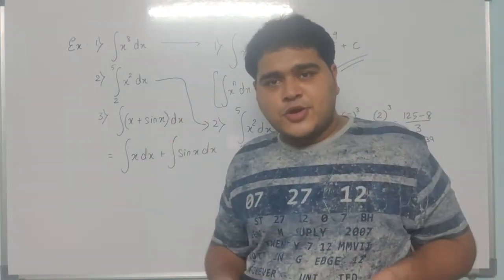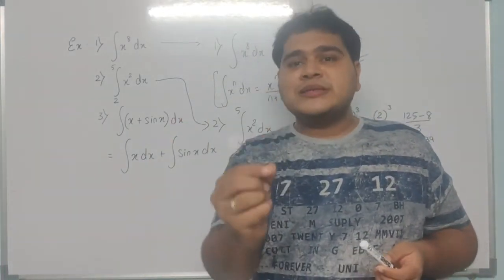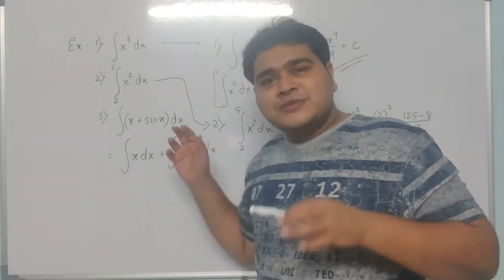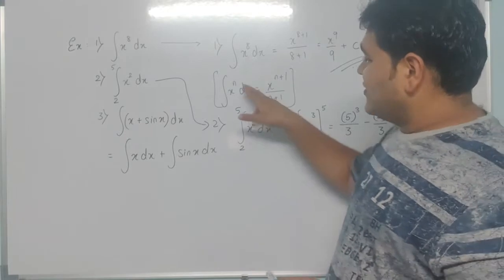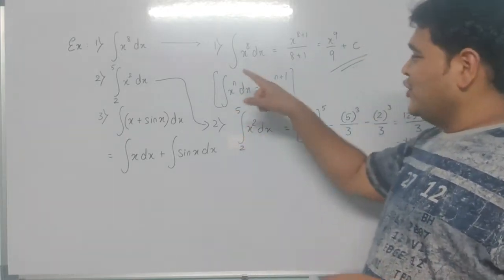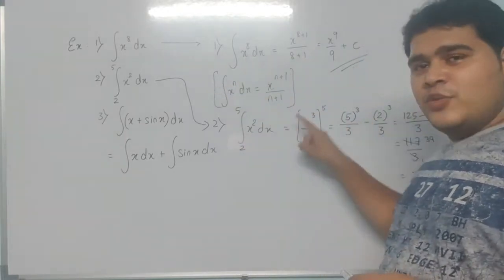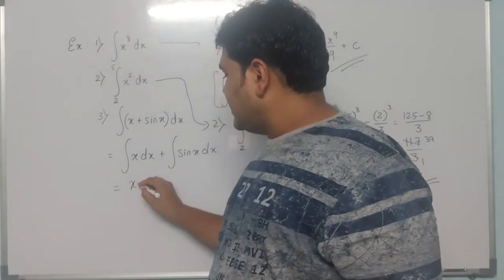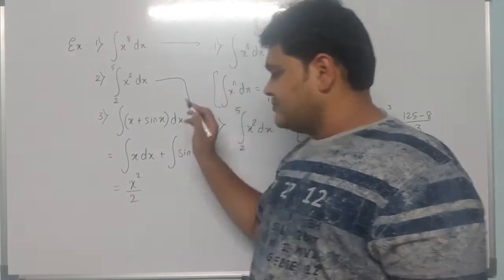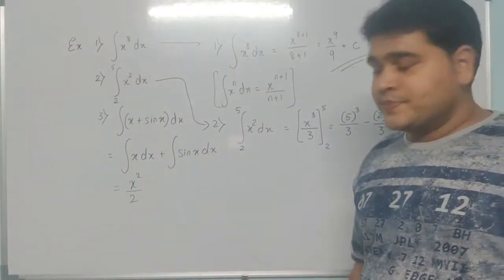There is no formula taught for this. You need to understand that x dx means x raised to 1 dx. So here the value of n is 1. So we are going to use this formula only with n as 1. That means x raised to 2 by 2. Correct? 1 plus 1 is 2.